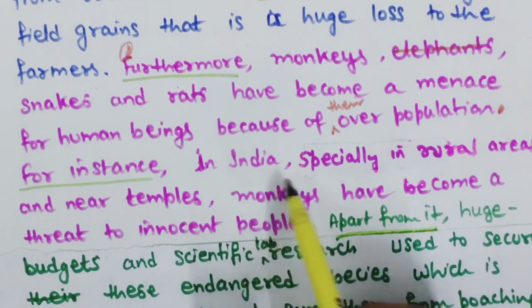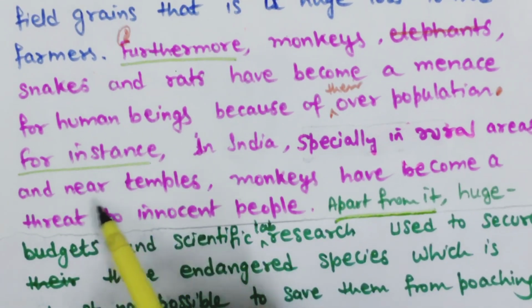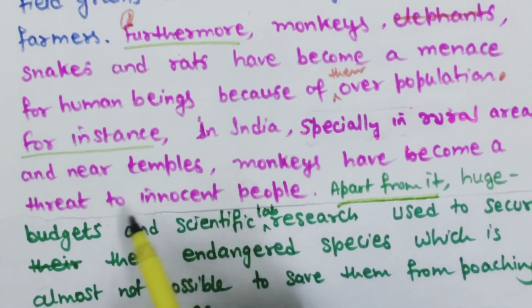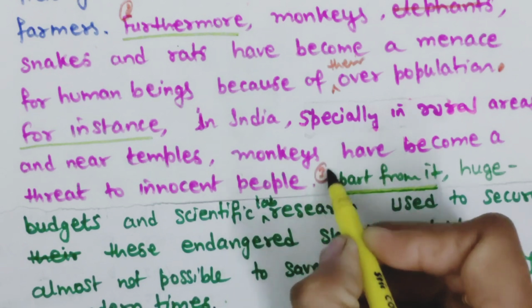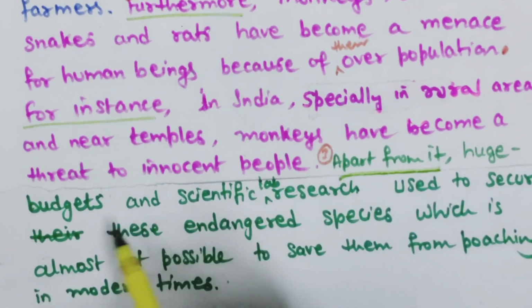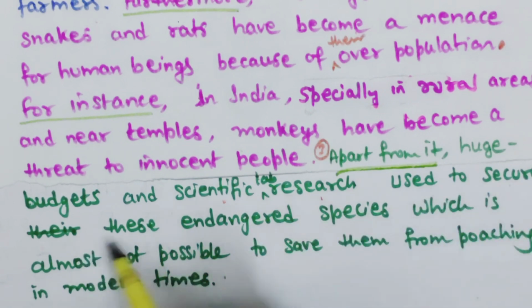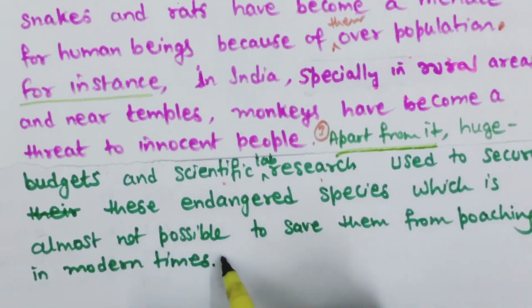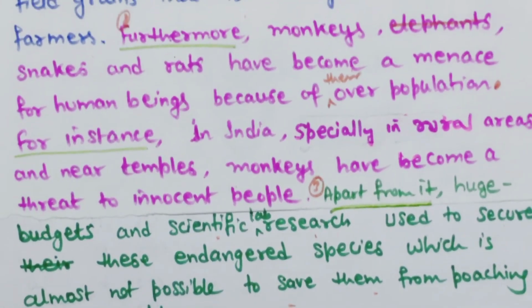For instance, in India, especially in rural areas and near temples, monkeys have become a threat to innocent people. Now the third point: apart from it, huge budgets and scientific lab research are used to secure these endangered species, which is almost not possible to save from poaching in modern times. So this is also a point they have given.